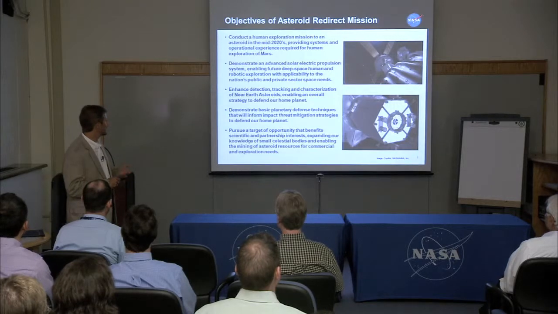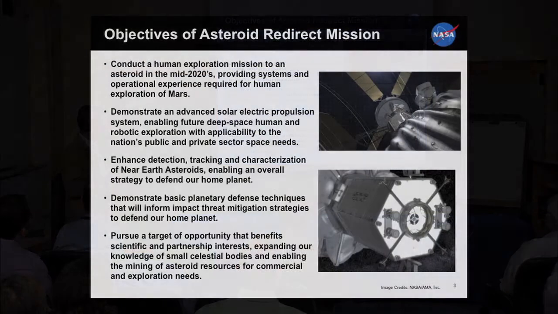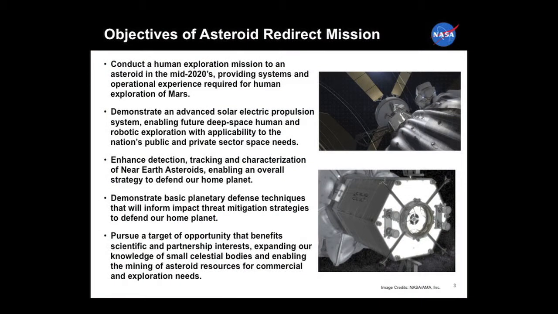Some of the objectives mention that first human mission in the mid-2020s, and also a big part of this is developing operational experience for further destinations, and finally a surface mission on Mars or to the Martian moons as a precursor to that. As Keith mentioned, we're talking about high power solar electric propulsion, and that's a technology that's key for a variety of robotic and human exploration needs.